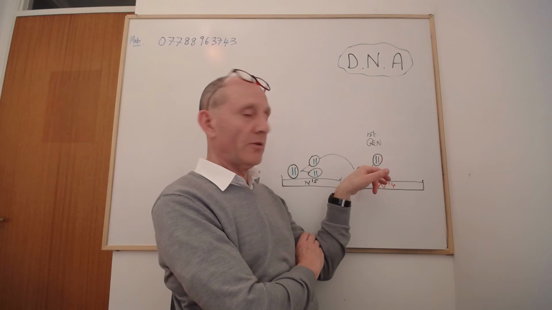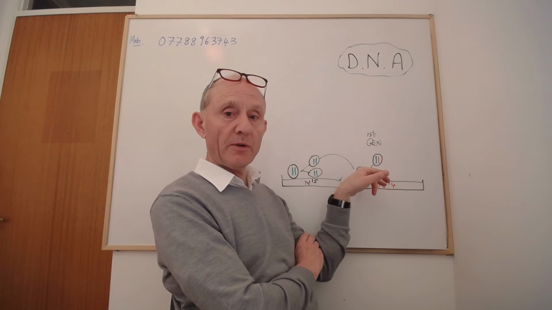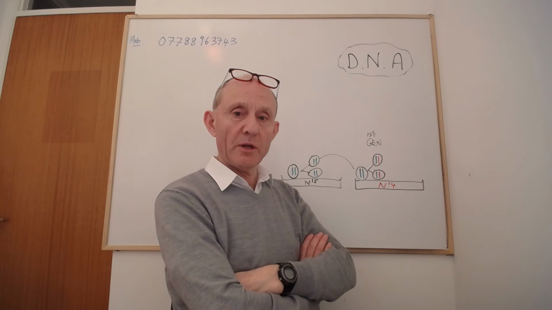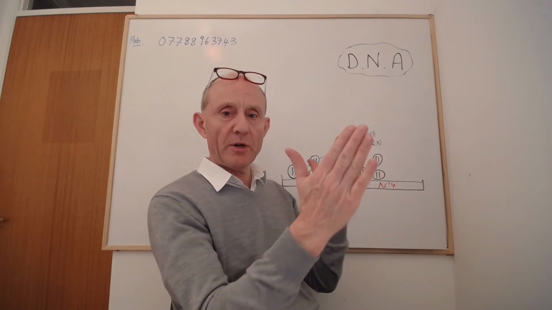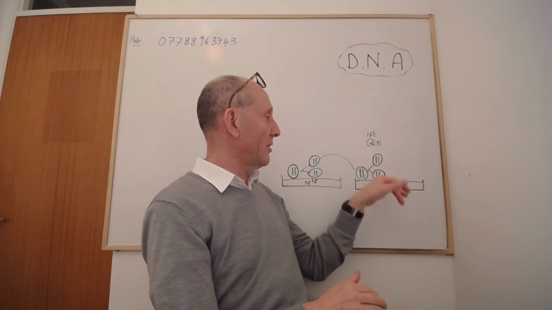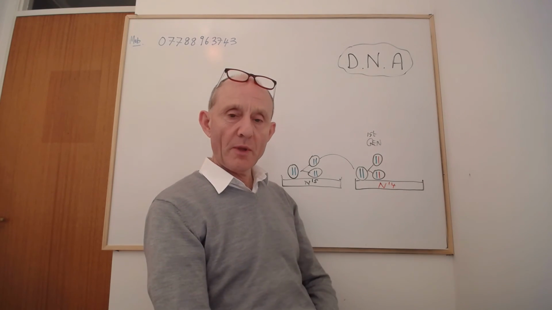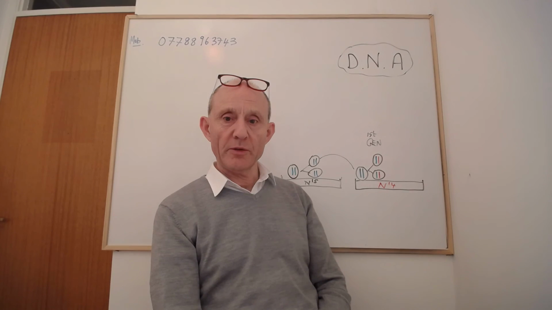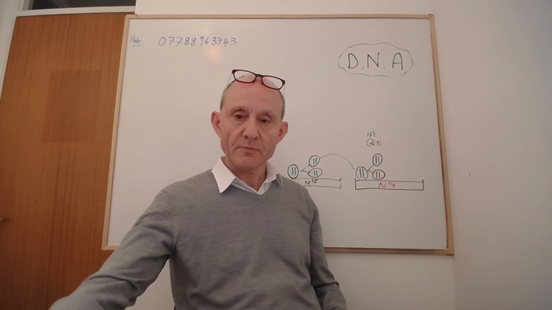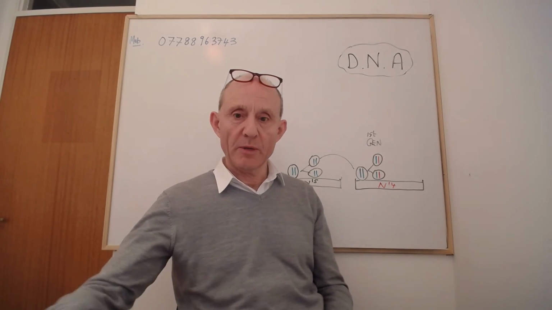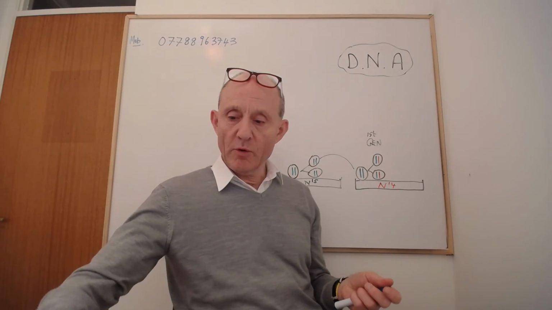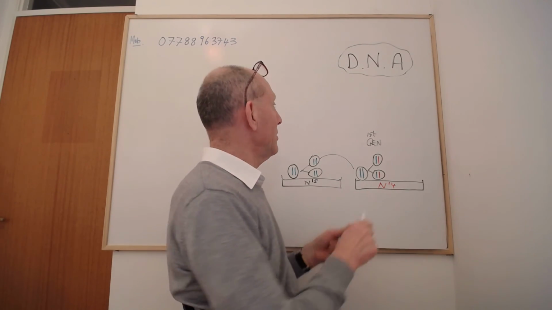We could see that this original bacteria that had 2 nitrogen 15 strands, when it copied its DNA, the 2 nitrogen 15 strands got apart, and the other strands were made of nitrogen 14 atoms. So this is the evidence that DNA replication was semi-conservative.